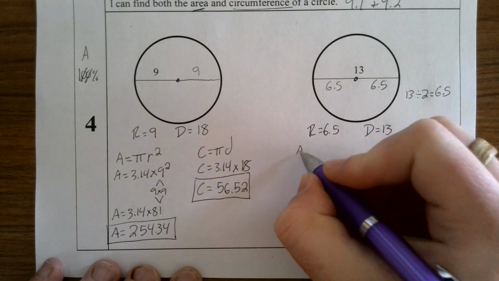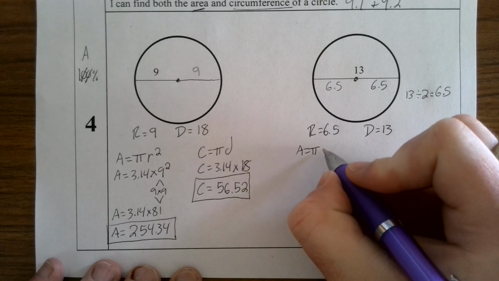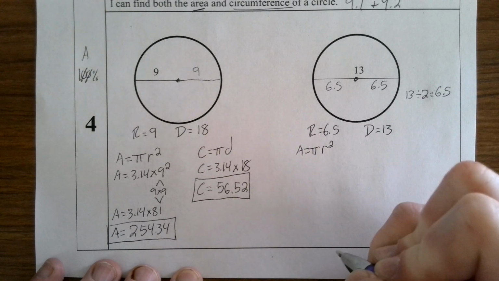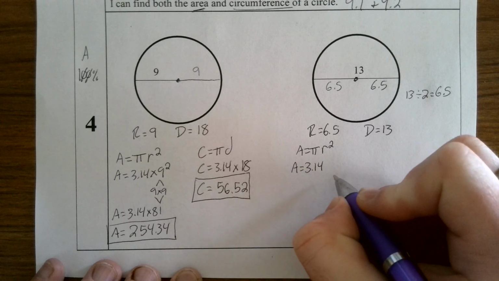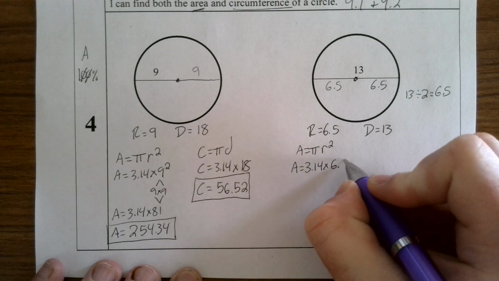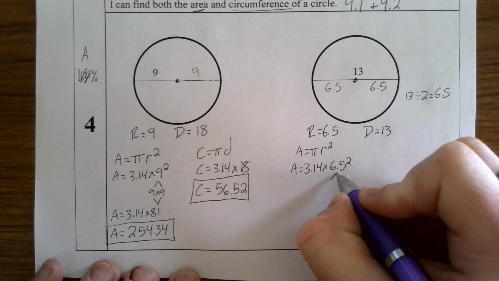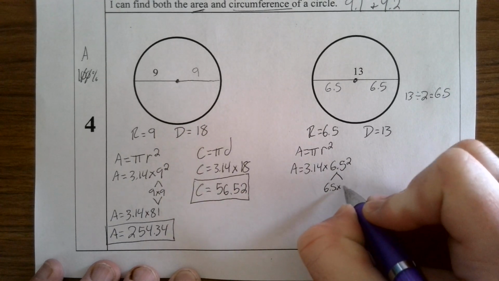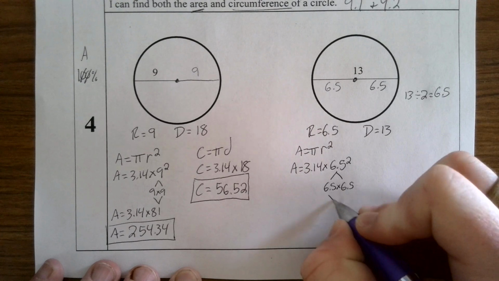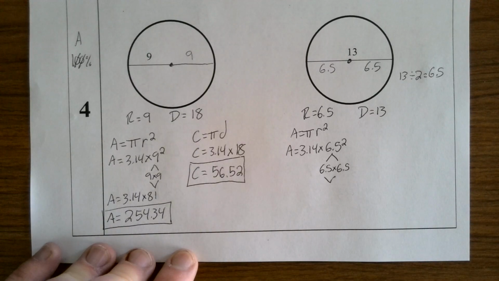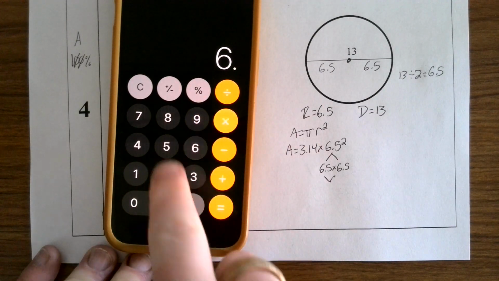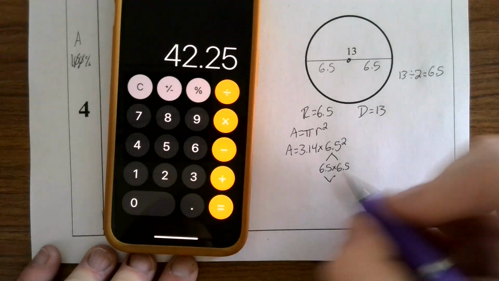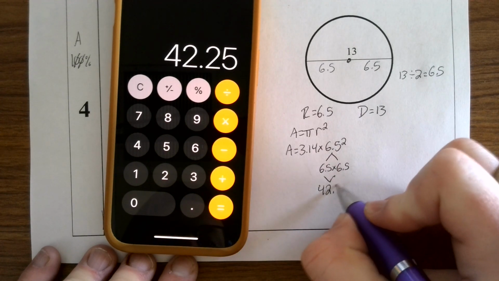Our area equals pi times radius squared. Pi is 3.14 times our radius, 6.5 squared, which is going to be 6.5 times 6.5. Handy dandy calculator. 6.5 times 6.5 equals 42.25.